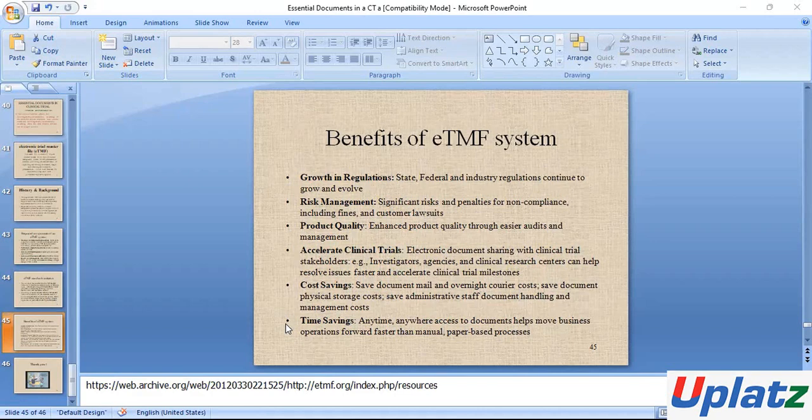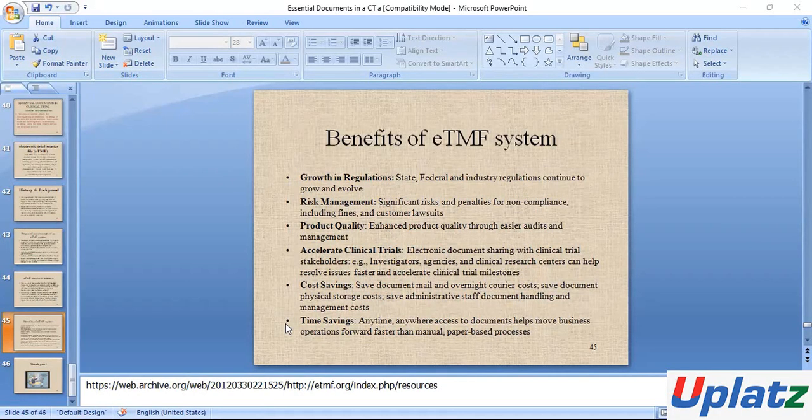So eTMF can help your organization in three functions. First, data capture. The eTMF serves as a single source for entering electronic records into one central database. These records include things like patient information, demographics, medical history, etc. Then document management, that is document tracking.